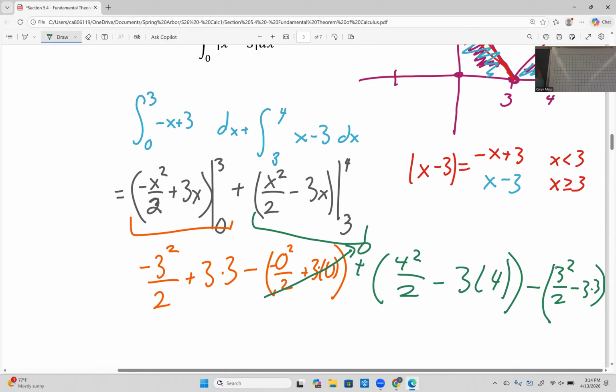The two negatives with addition don't cancel out each other, but they rather build on top of each other. But what is then negative 3 squared over 2 minus 3 squared over 2? Negative 9 over 2 minus 9 over 2.